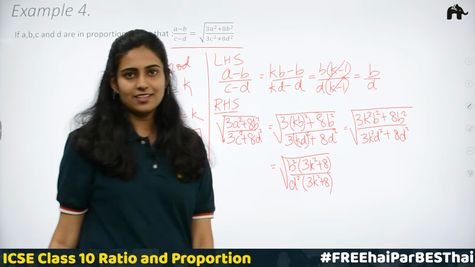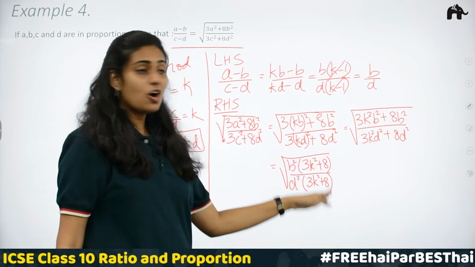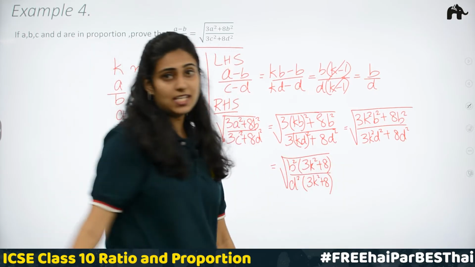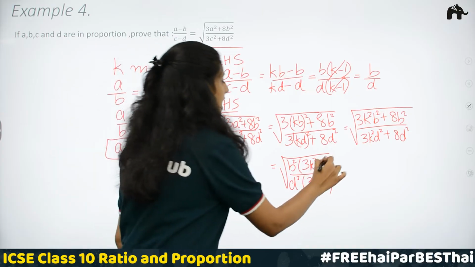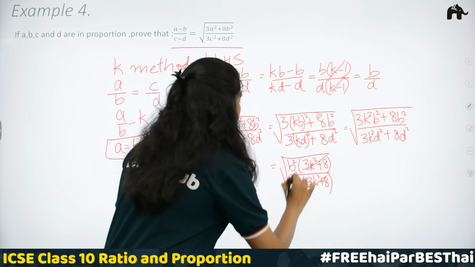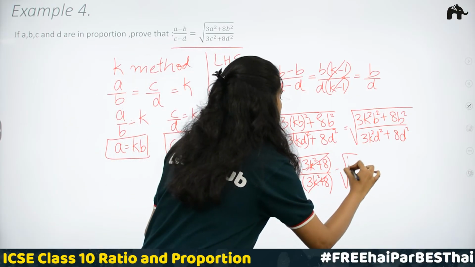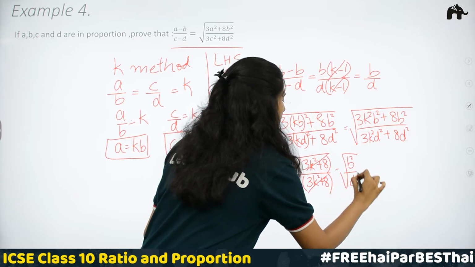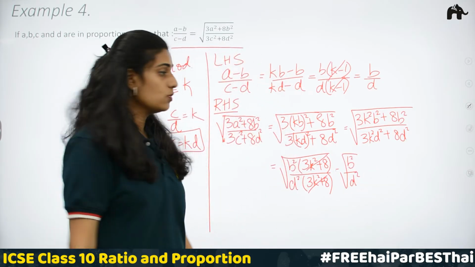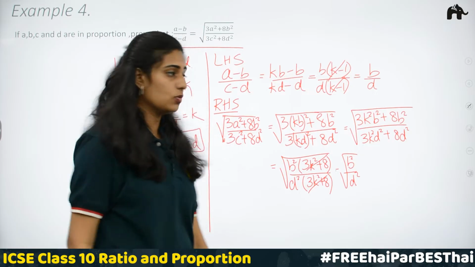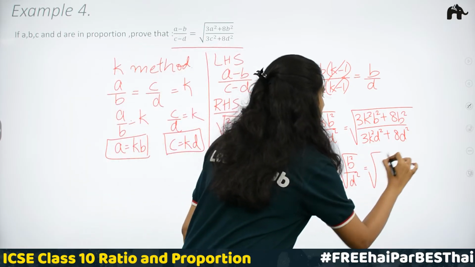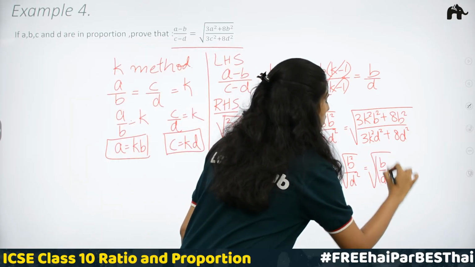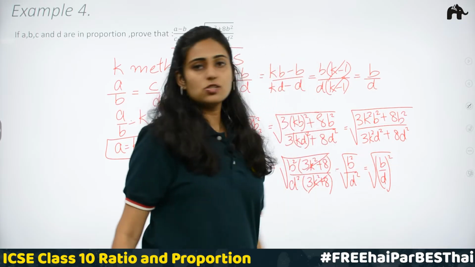What to do next? Yeah, we have a common term here, 3K square plus 8 in the numerator and denominator. Cancelling, we get root of B square by D square. What is root of B square by D square? This can be written as root of B by D whole square. Root and square get cancelled.